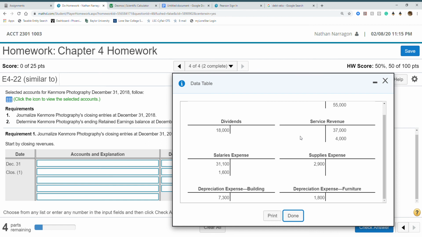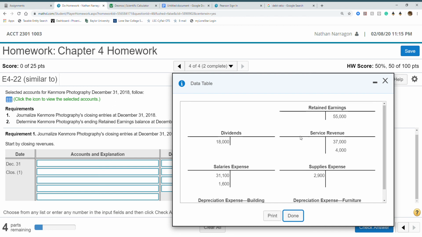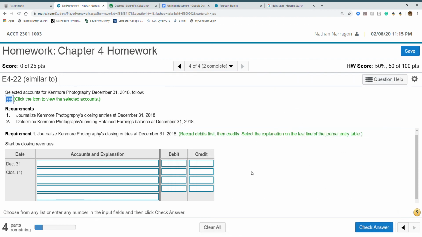I feel like this is going to have a net loss very easily for mine, but you may have a net income, I don't know. And then of course dividends, this is going to be a debit for retained earnings, so we already know that's going to subtract, and you just have to figure it out as you go.